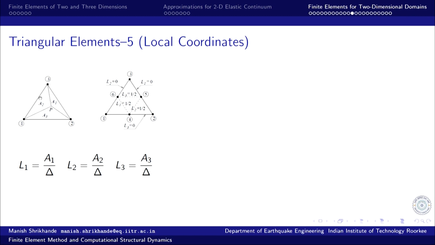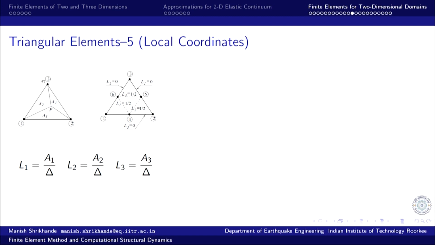Similarly, A2 is the area defined by point P and the vertices other than node 2, and A3 is the area for node 3. This is similar to the way we label the sides of a triangle: the side opposite to the vertex is referred to by that vertex. So, this one would be side 3, this one side 1 and this one side 2 for this particular triangle defined by vertices 1, 2 and 3.